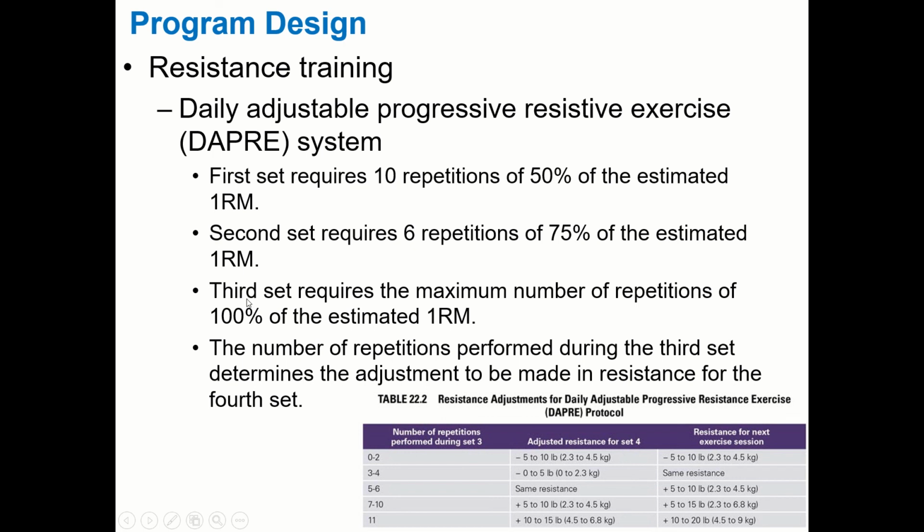So basically it's a third set of, let's see how many you can do with this weight, and then we're going to go up or down for this fourth set, which is also going to be a, let's see how many you can do with this weight. So basically there's 2 sets, sets 3 and 4, of doing a repetition max. So just do as many as you can, or burnout is another way to think about that with each of those 2 sets. So that's what this is.